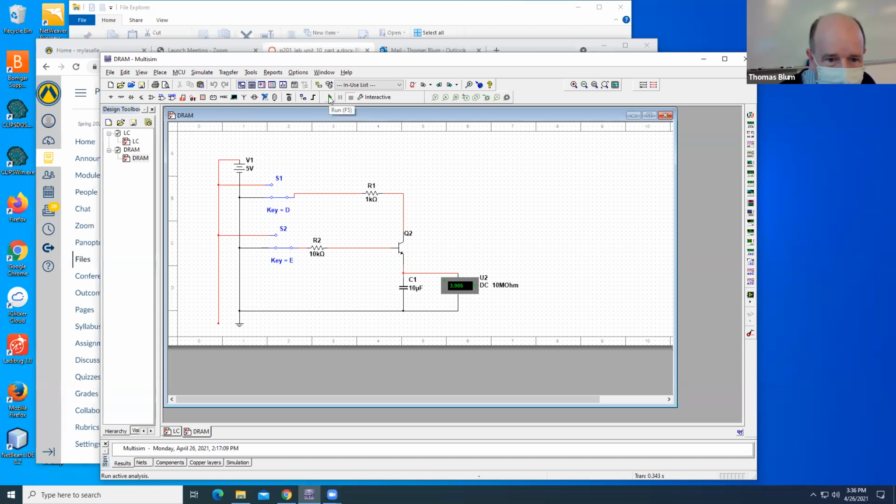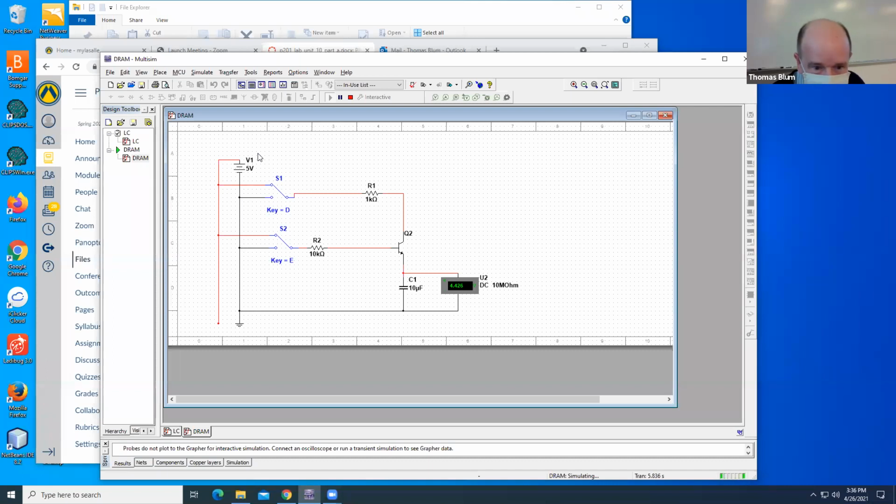So I'm going to turn it on. I'm going to flip E. So now I'm writing. And then I specifically want to write a 1. I want to set. So now the voltage has gone up to 4.4 something. So that's a high. Our reference is a 5. So 4.4 is pretty high.